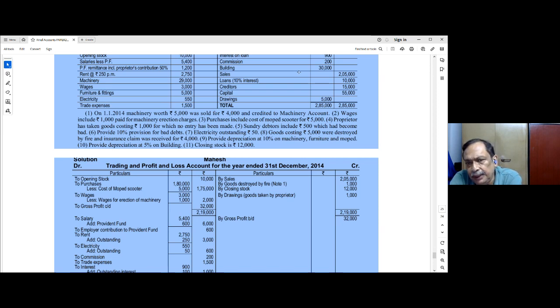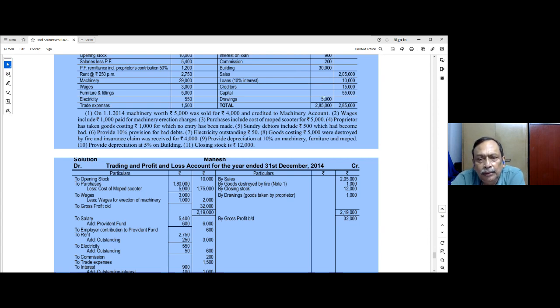Electricity outstanding 50, goods costing rupees 5,000 was destroyed by fire, and insurance claim was received for rupees 4,000. Provide depreciation at 10% on machinery, furniture and moped. Provide depreciation at 5% on building, and closing stock is 12,000.